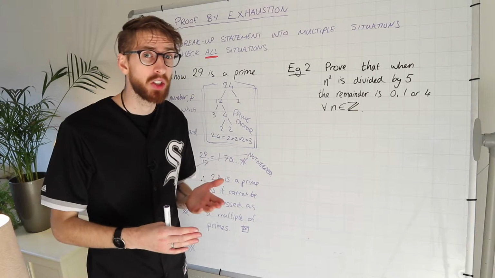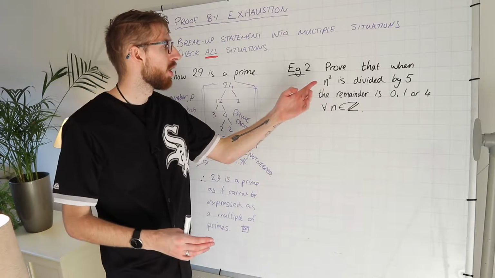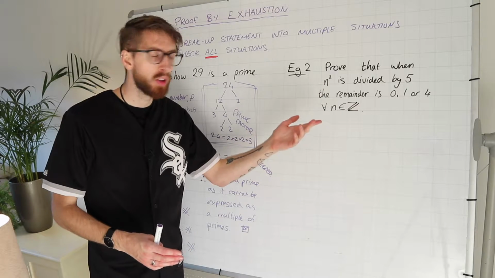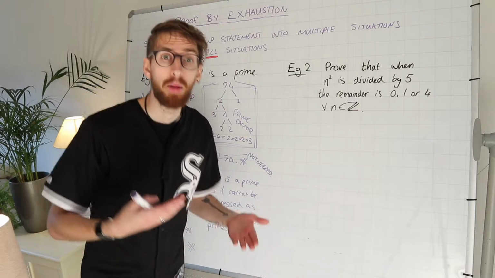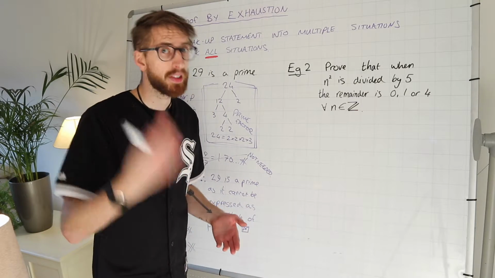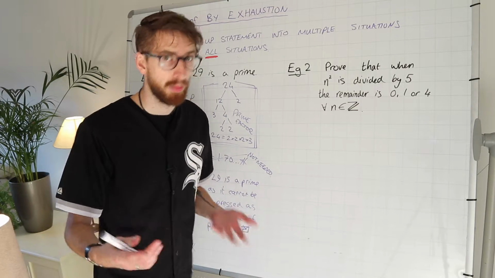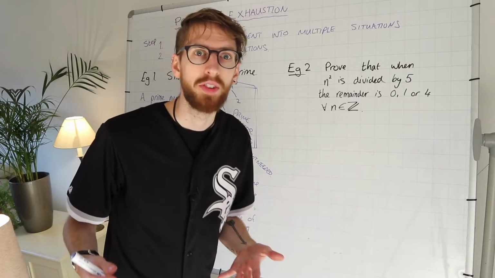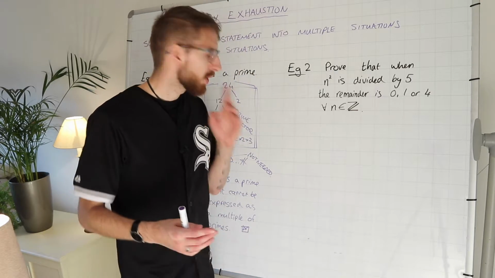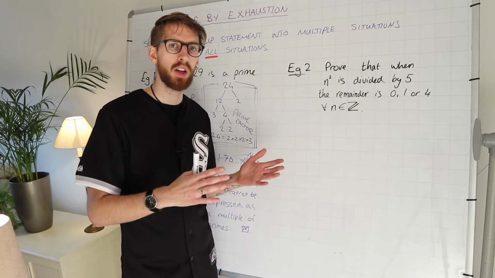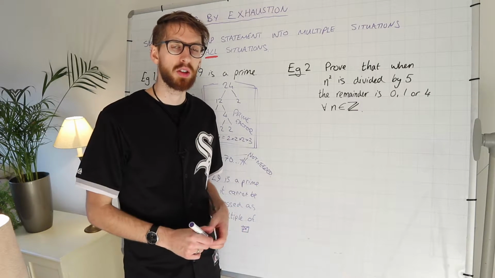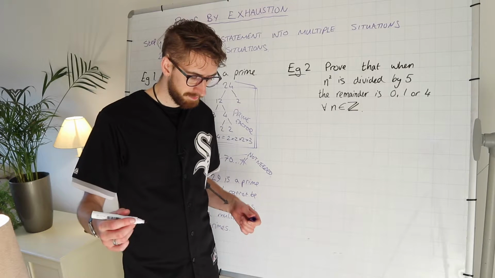That's going to take a long time because we'd put 1 in, 1 squared is 1, divide that by 5, then you get a remainder of 1. Bam, it's true. But that's going to take an infinite amount of time because there's an infinite number of integers. So we have to think of a way that we can break our integers up into smaller bite-sized chunks.